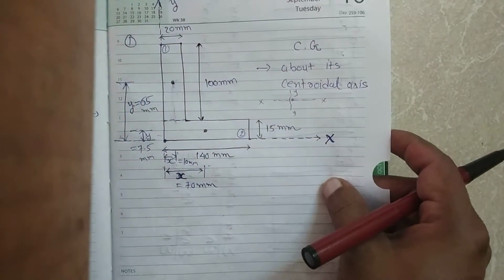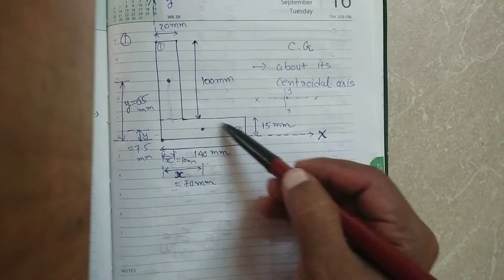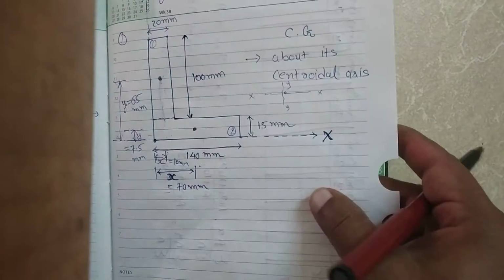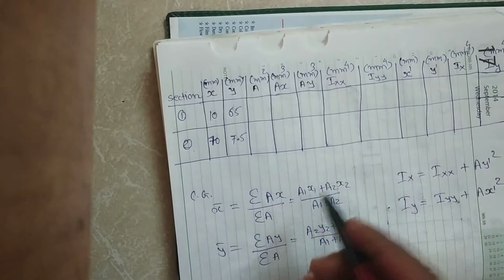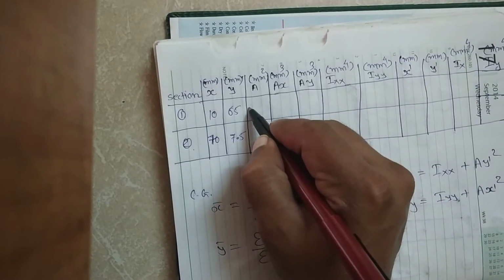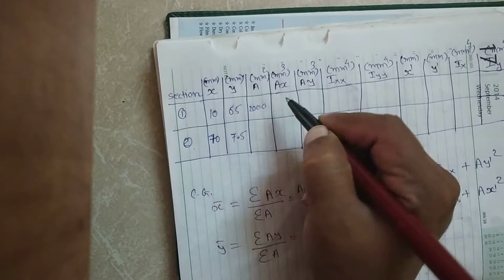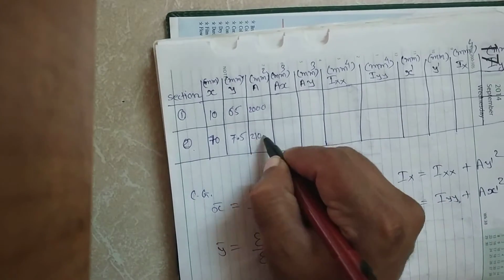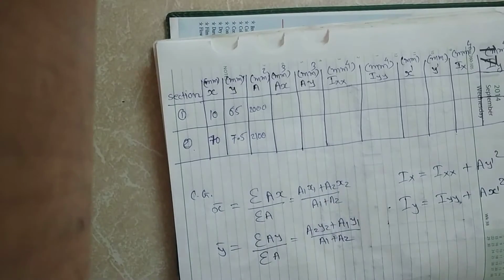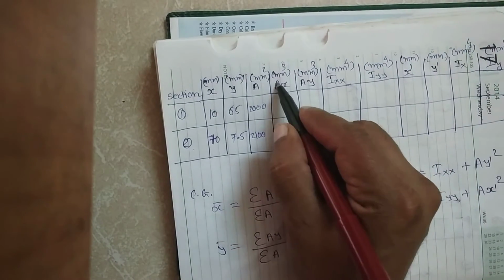So 2100 is the cross section area of section 2, as it's a rectangle, b by d. So you can place here the area of the first cross section, which is nothing but 2000 mm square, and for section 2 the area is 2100 mm square.